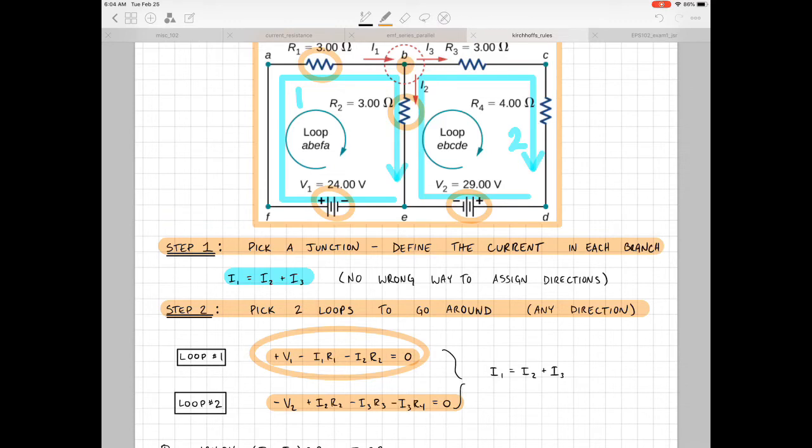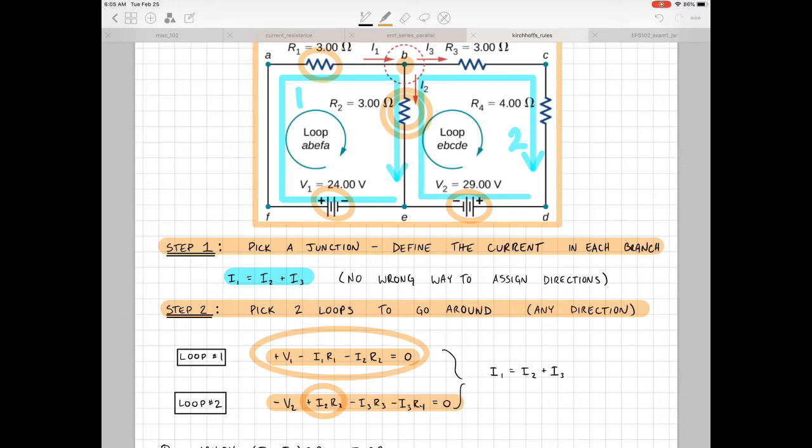Then I travel through R2, the middle resistor in the middle branch. I'm traveling through that resistor in the opposite direction as the I2 that I've drawn, and so this turns out to be a positive I2 R2.